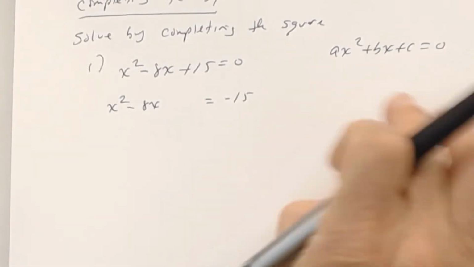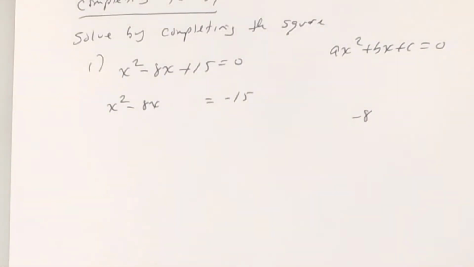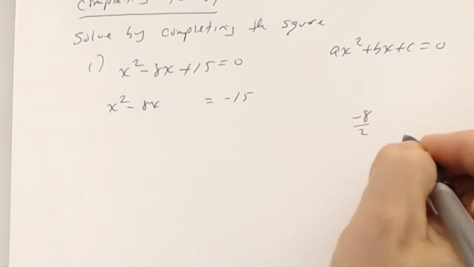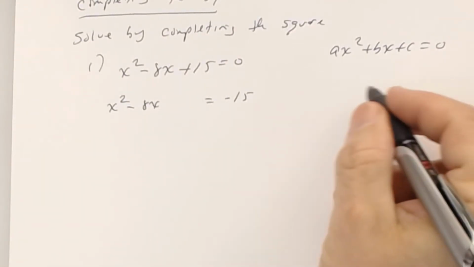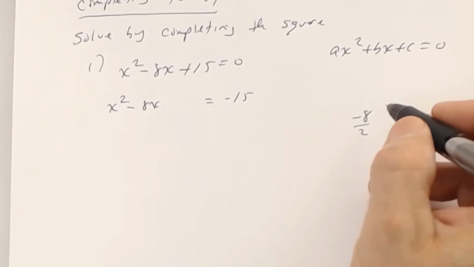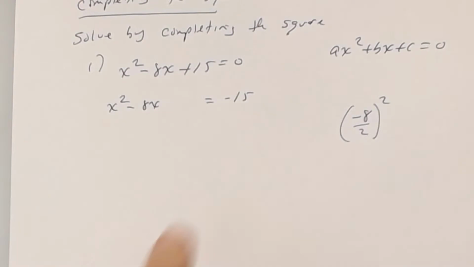Now actually do the work on the side. Negative 8. Then it says I take half of that, so actually show it: divide by 2. If you can simplify, you simplify. But whatever that is, I've got to square it. Let's go through this again.